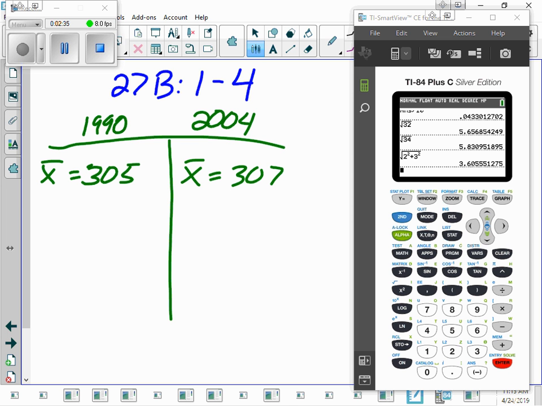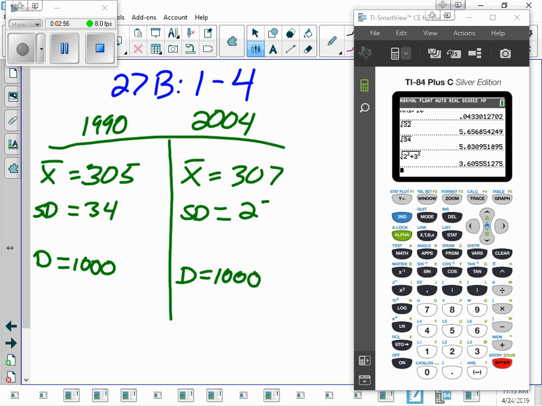And both of them were 1,000 students, and that's not really true, but just to make things easier, we're just going to say that. The SD from 1990 was 34, and the SD for 2004 was 27.